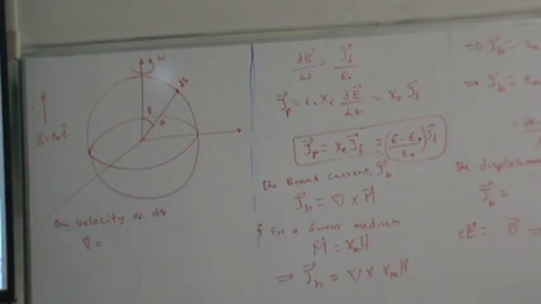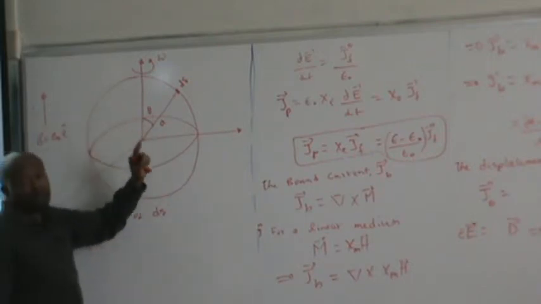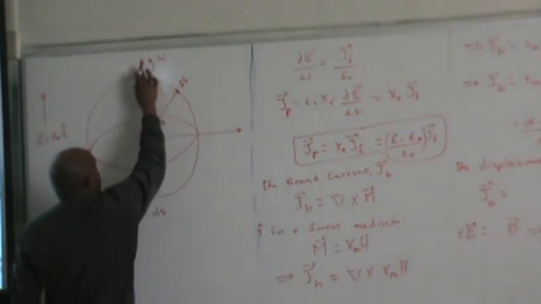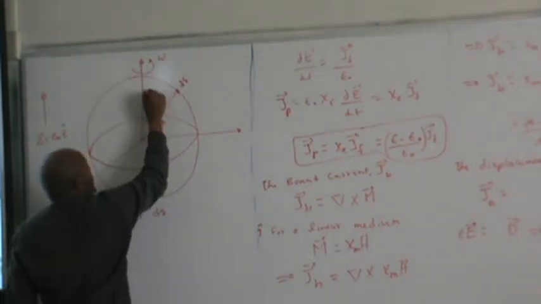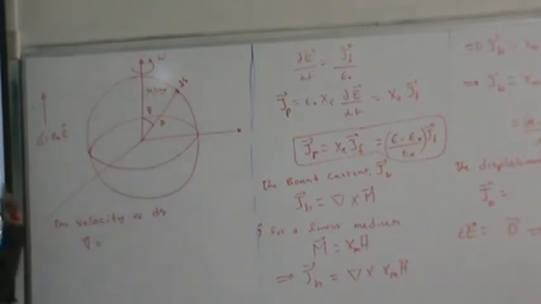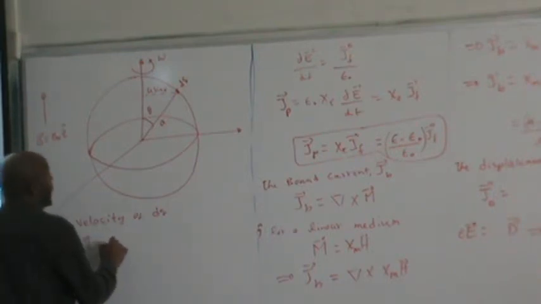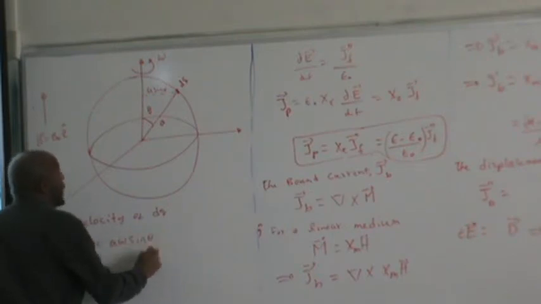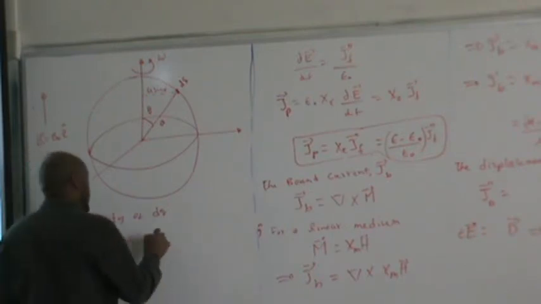The angular speed times its distance from the axis of rotation. This is the axis of rotation, so this distance is a sine theta. If you multiply the angular speed with that distance, you get the tangential speed. So that's going to be a omega sine theta, and the direction is in the phi direction.